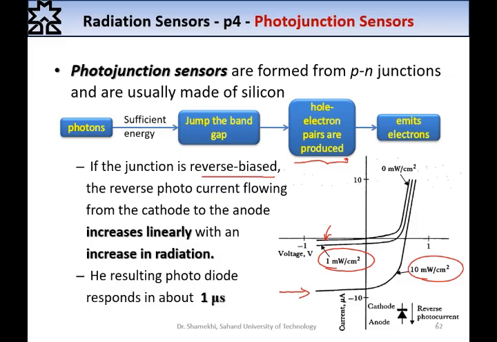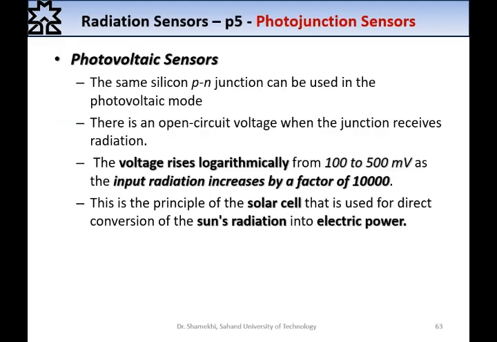And the last sensor is the photovoltaic sensor. The same silicon PN junction can be used in the photovoltaic mode as a sensor. There is an open circuit voltage.